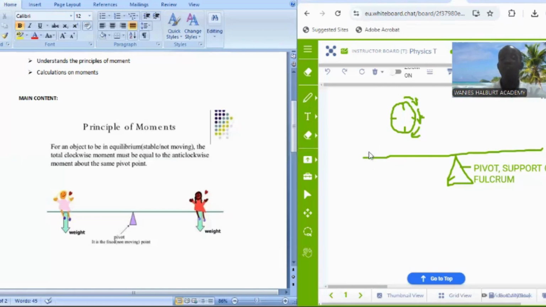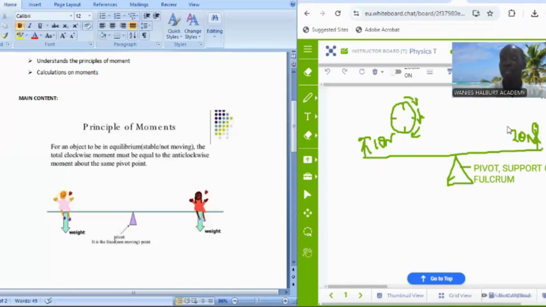So now, if we have something like this, maybe an object with a certain magnitude, the force that is acting on this particular plane area. Let's assume the weight of this object is 10 Newton. Then we have another object weighing 20 Newton.